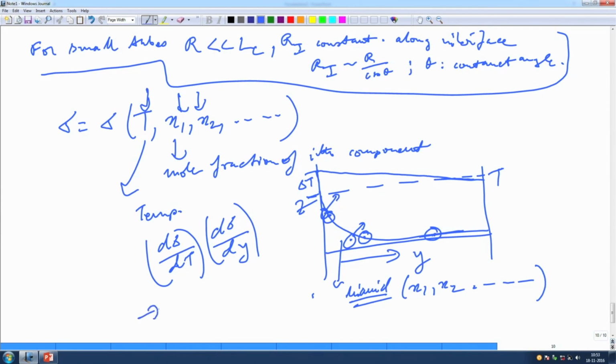There is a formal name and we will come to it a little later when we do the sessile droplet. This is called Marangoni flow or Marangoni convection. It can happen due to concentration gradient, which is the species gradient, or due to temperature gradient, that is, surface tension's dependence on temperature and on the component, okay.